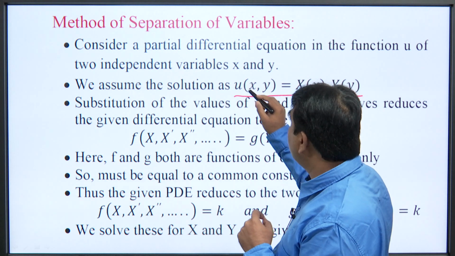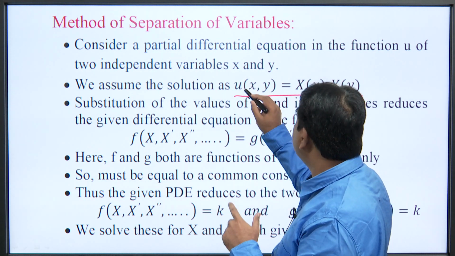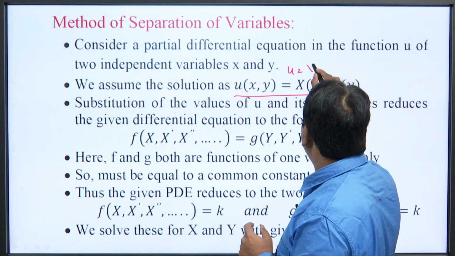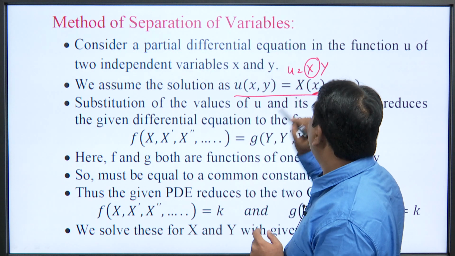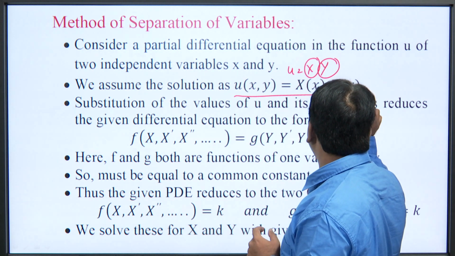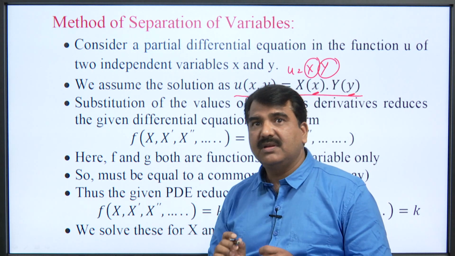So, here we assume the solution u is equal to X into Y. Here X is a function of x and Y is a function of the other independent variable y.